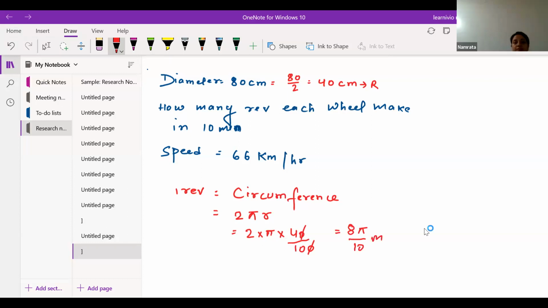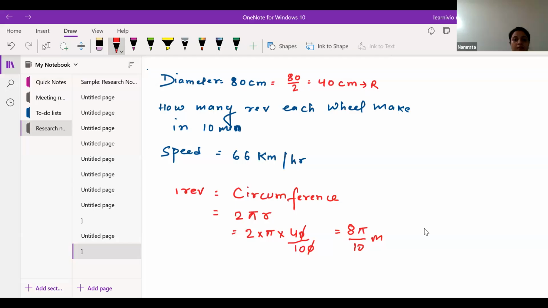Let me write it. Just a second. Can you see the screen?